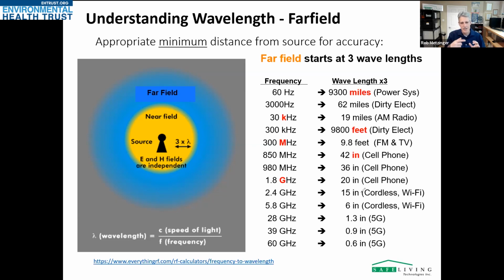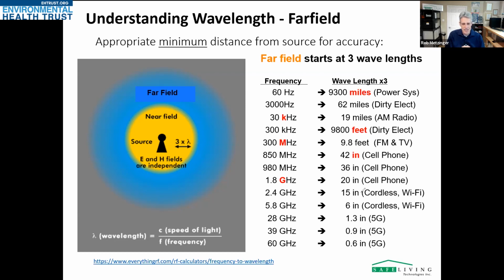If it's transmitting 360 degrees equally, it'll be easier. You'll get more consistent measurements when you measure at that distance, as opposed to going to it too closely. Then you're going to measure some hot spots, and it may be too high or it may be too low. So that's why you need the distance from these things in order to measure them.